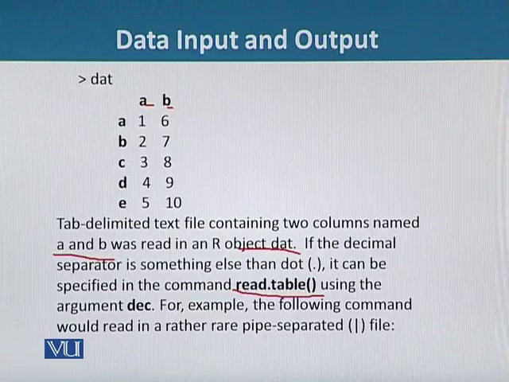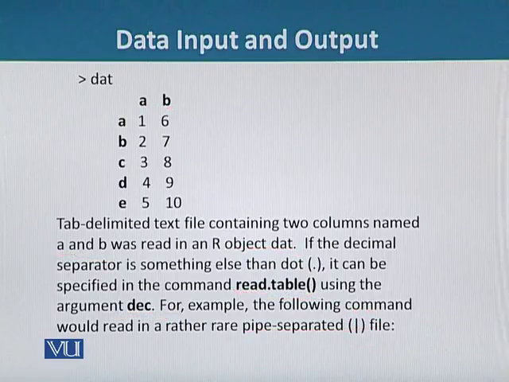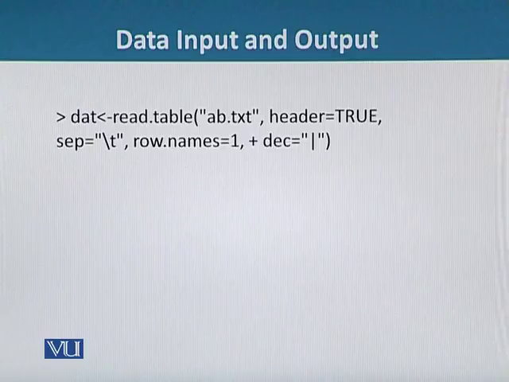If we use a delimiter other than the dot, then we have to add this argument to the command, that is dec. And for example, the following command would read in a rather rare pipe separated file. So we will see how this command is written. It is the same read.table command we have seen previously.